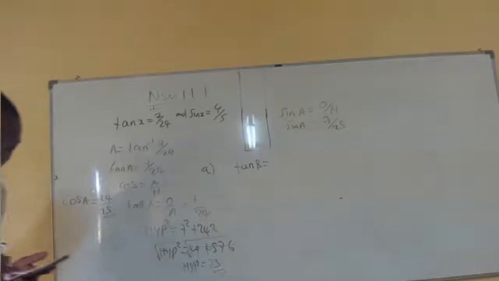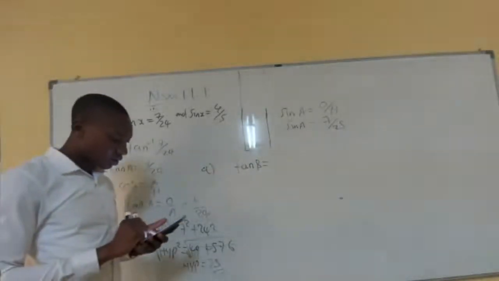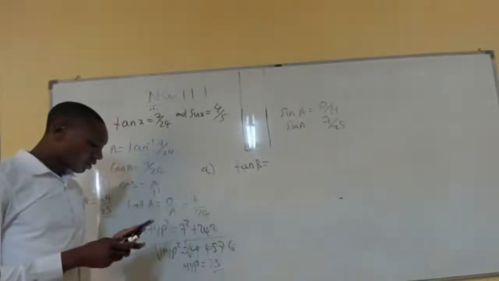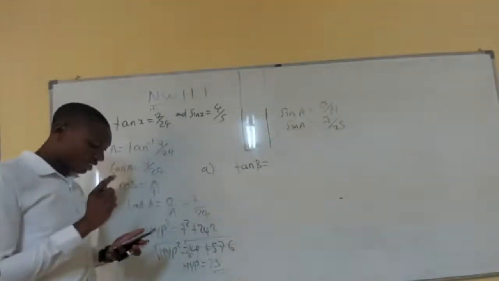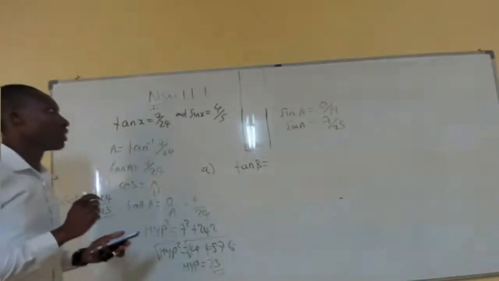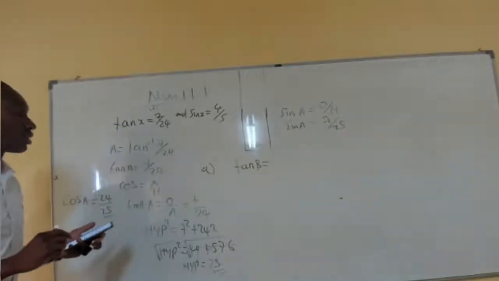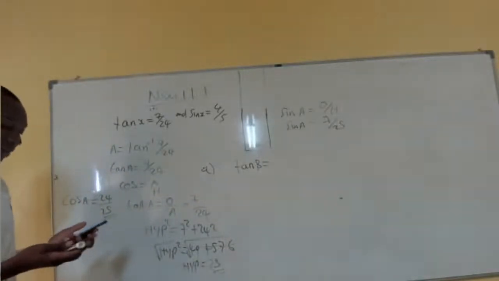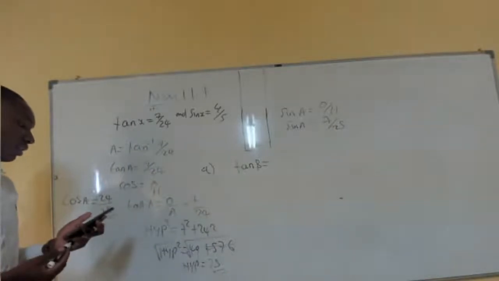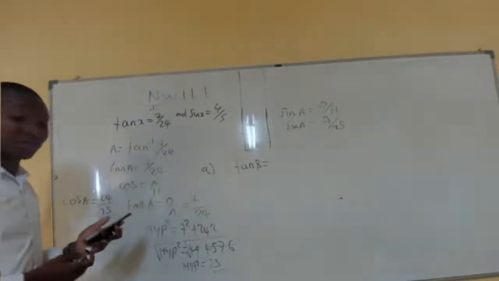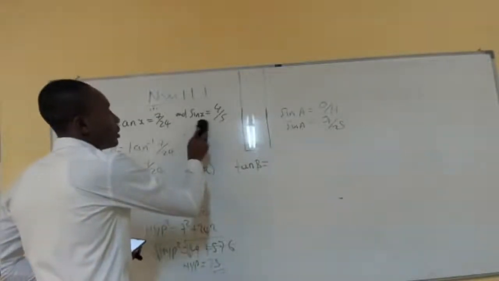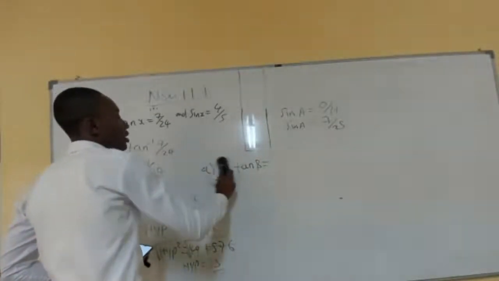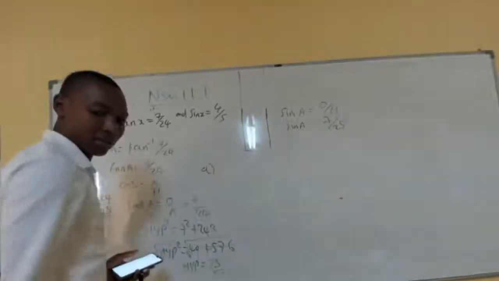The other part which we're told is that sine inverse is 4 over 5. So from there we noted that sine x is actually 4 over 5.